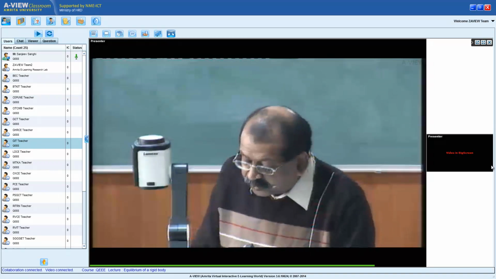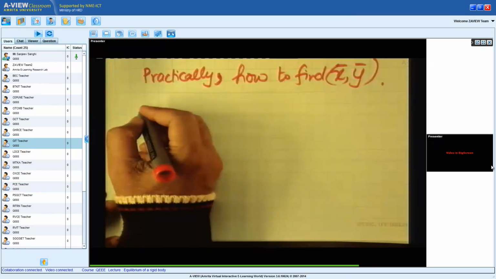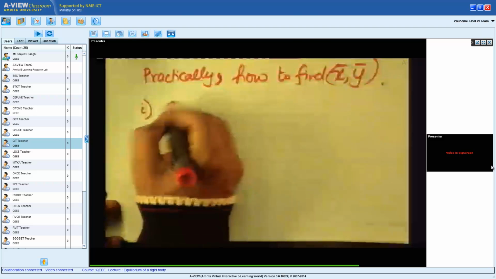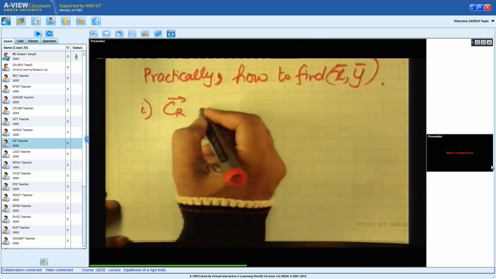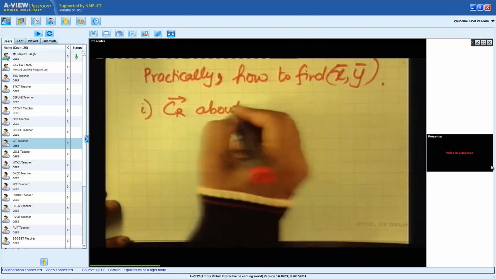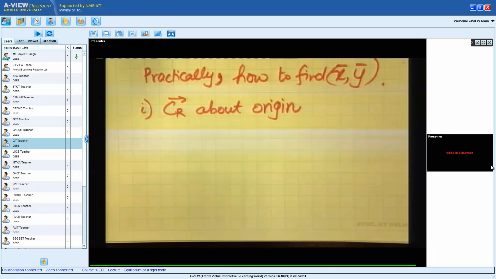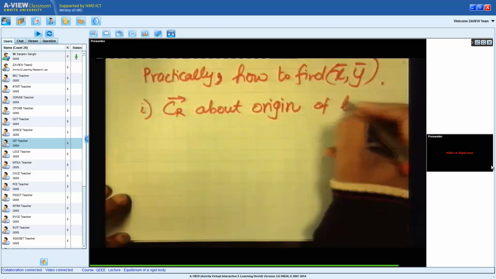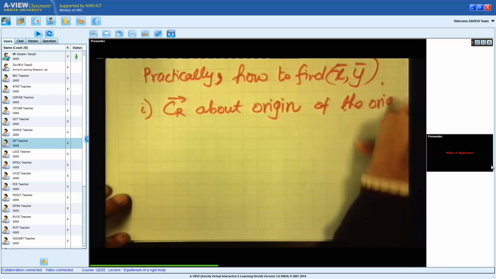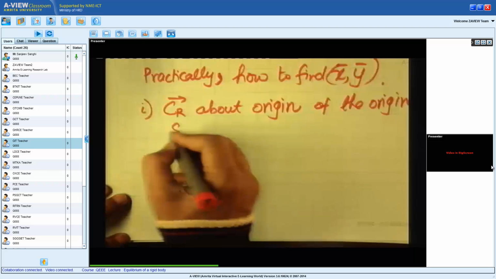That means firstly we will find the Cr about origin. So we will choose some origin and we will find Cr about origin of the original system.